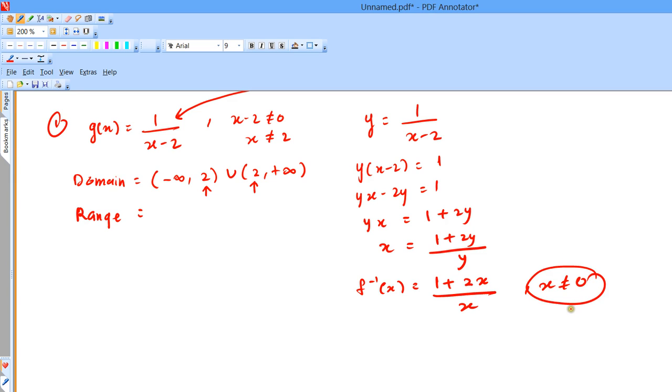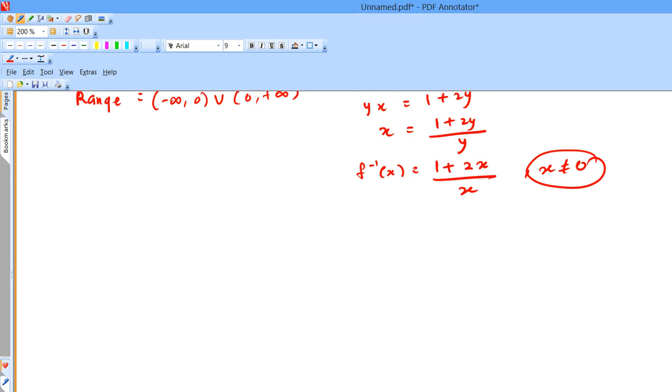So here it is actually the range for function g(x): from negative infinity to 0 union 0 to positive infinity. So the domain of the inverse function refers to the range of this rational function.